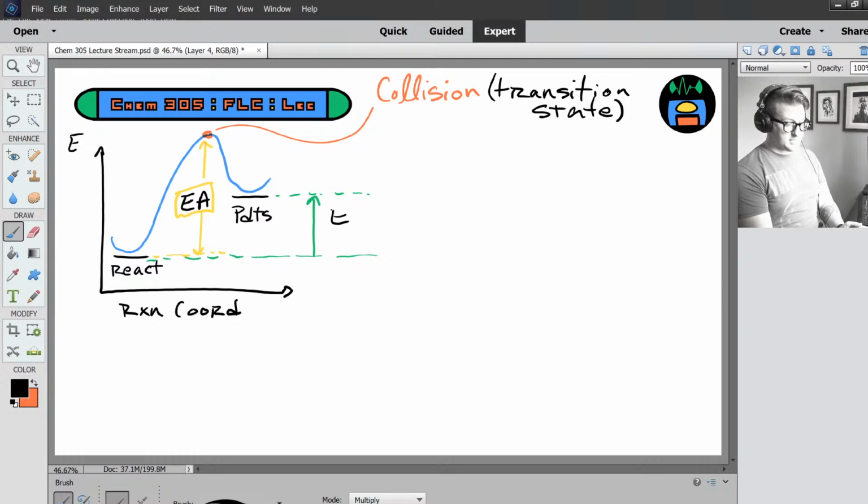So for this process, energy is absorbed. All right? Energy is absorbed by this process. And when energy is absorbed, we say that the reaction is endothermic.